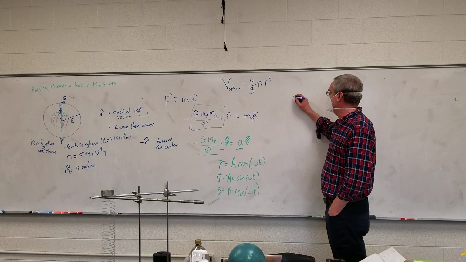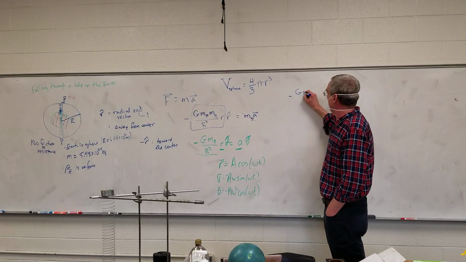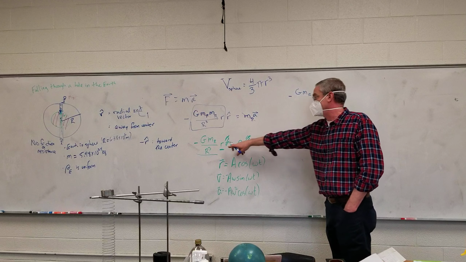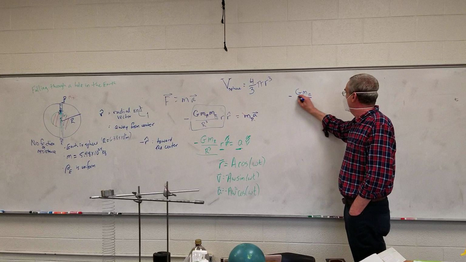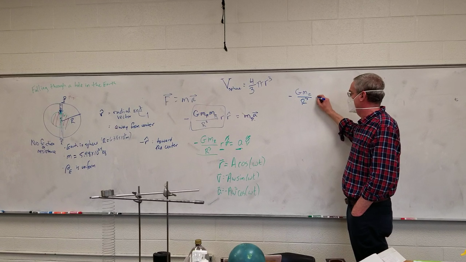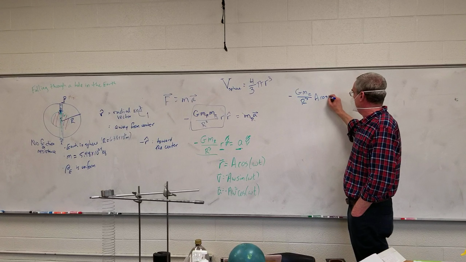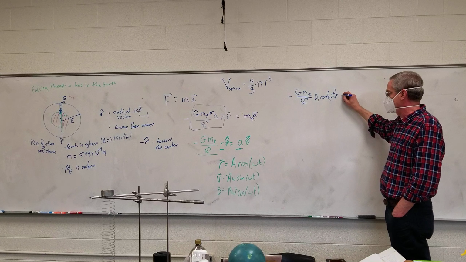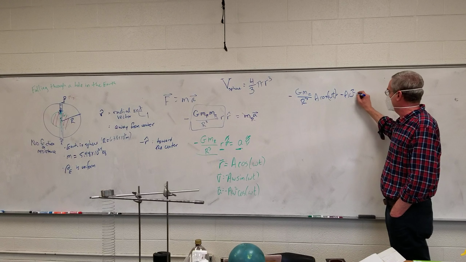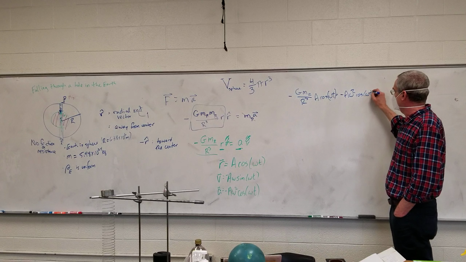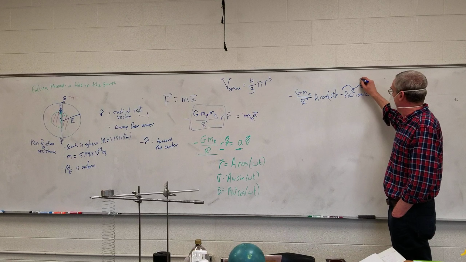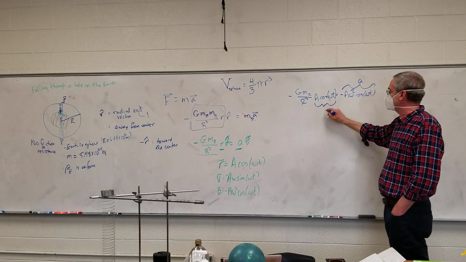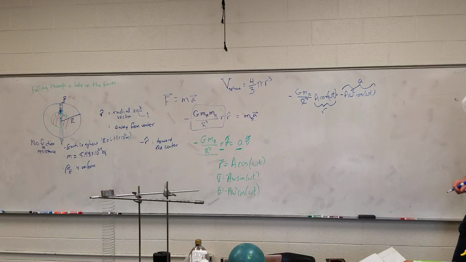So if I plug into there, I get negative big G M over big R cubed times a cosine of omega t is equal to negative A omega squared cosine of omega t. That's my acceleration. That's my position. Now we cancel stuff out.